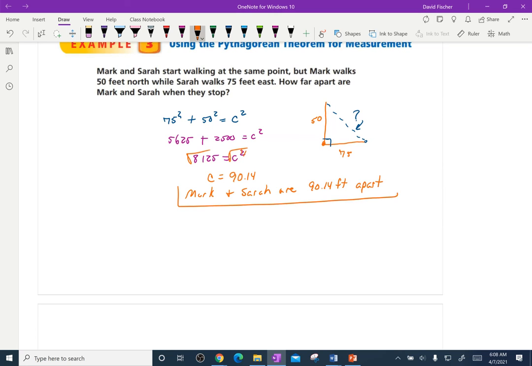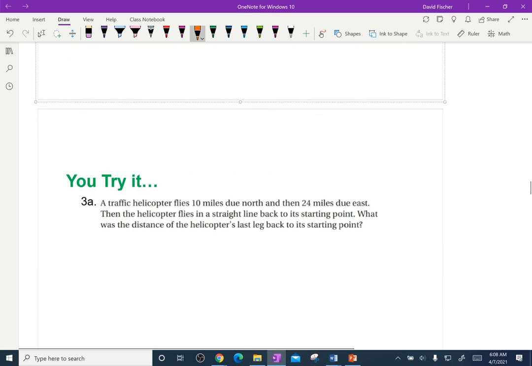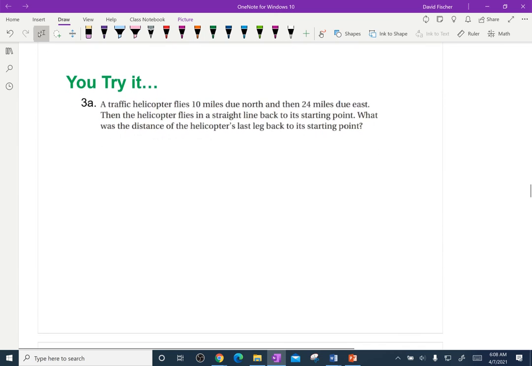Okay, so Mark and Sarah are 90.14 feet away from each other.